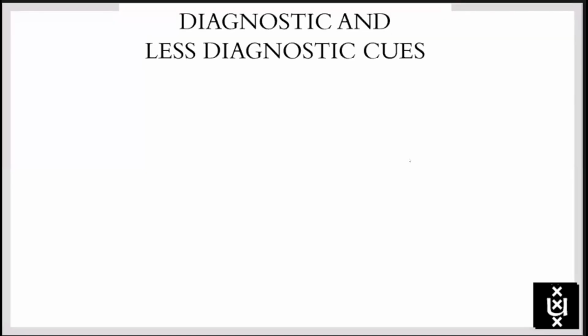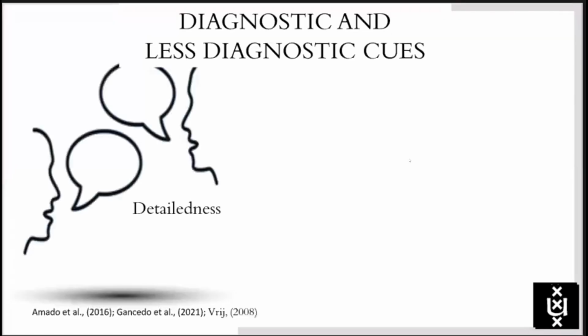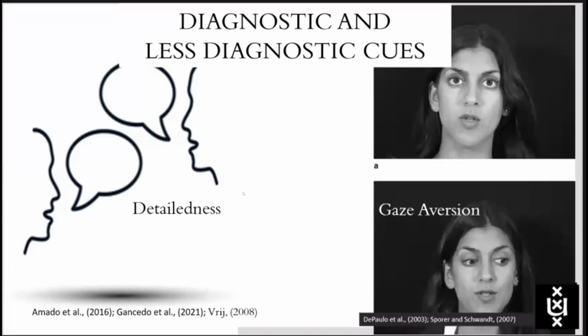So we searched through the literature and we found that a lot of research identified detailedness as diagnostic, and a lot of literature also, there's no conclusion on gaze aversion as being diagnostic. So we found it to be less diagnostic.